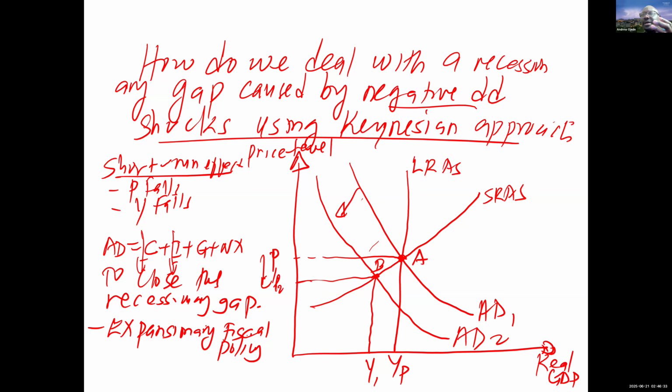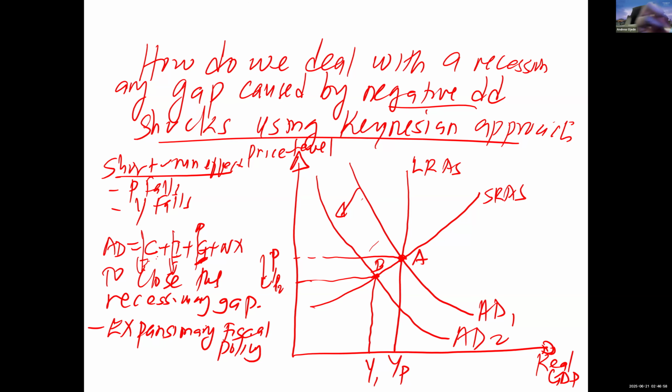So Congress should lower taxes and increase government spending, or a combination of the two. Because if the government increases spending, look, G is government spending. If G goes up, that's going to help offset the decrease in consumer spending.